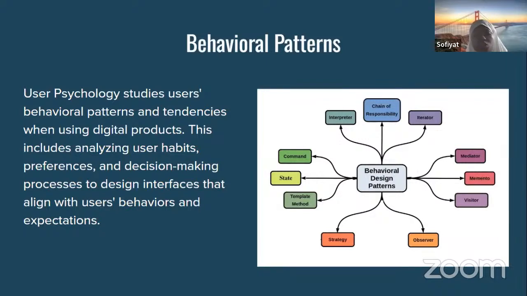These include analyzing user habits, variance, and decision-making processes to design interfaces that align with user behaviors and expectations. So you want to design for this aspect, which is more about understanding your user and giving them what they want.